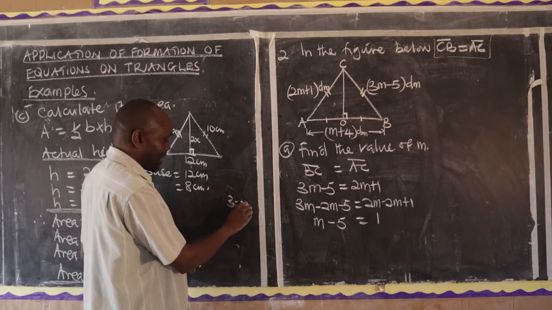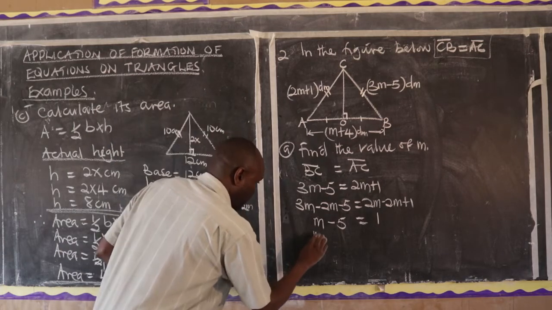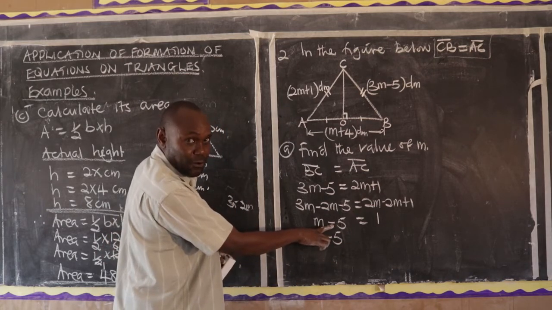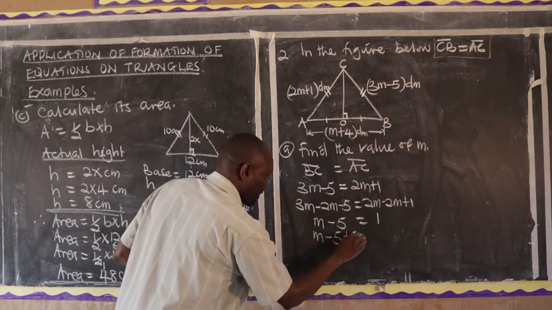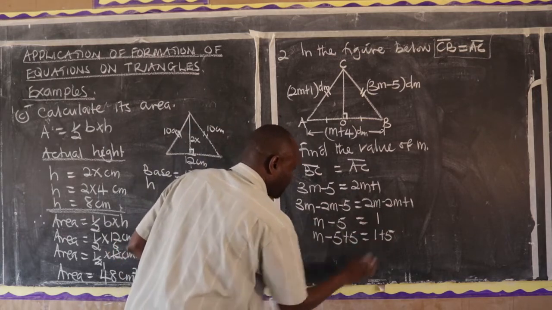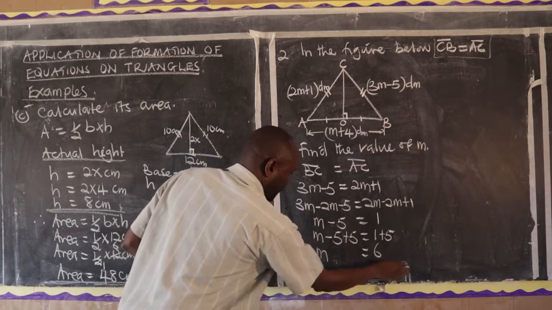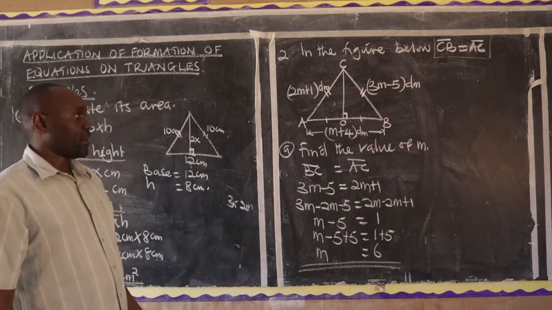But when you follow the unknowns, they get confused. So now here we have m minus 5. What is the additive inverse of negative 5? It will be positive 5. That's 1 plus 5. So m will give us 6. So that's the value of m.